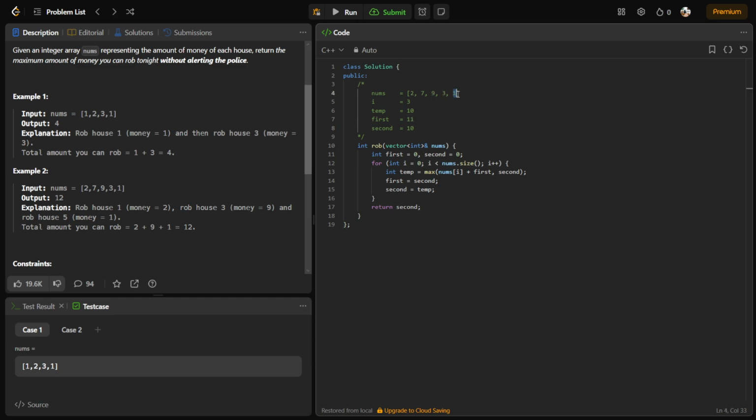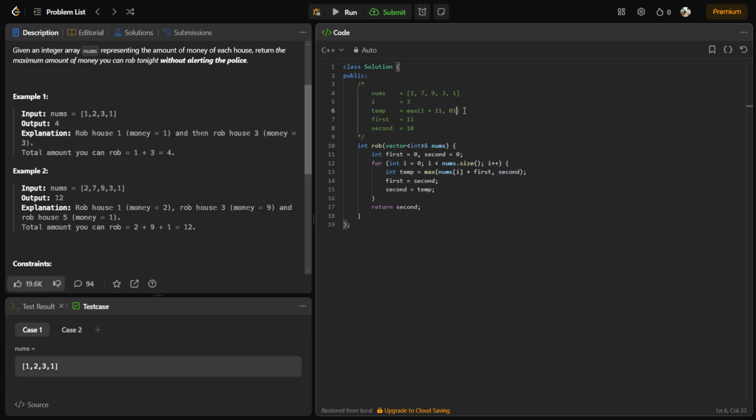For the last one, we want to check whether we want to take 1 plus 9 plus 2, or just straight up 7 plus 3, right? So temp is the max of 1 plus first, which is 11, with second, which is 10.